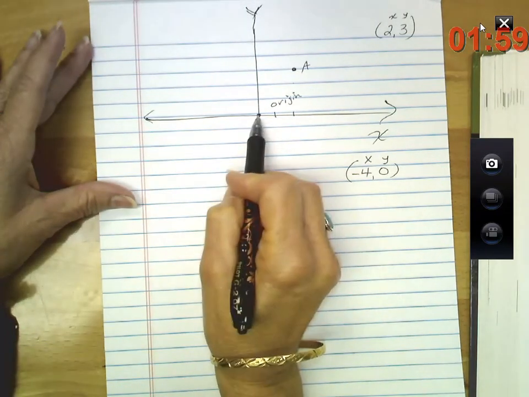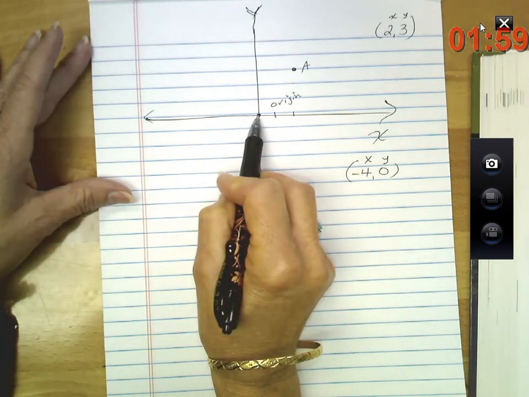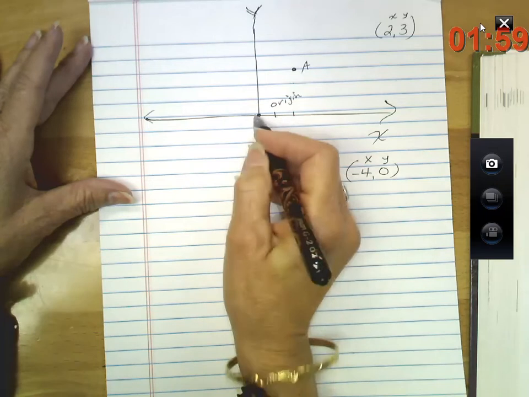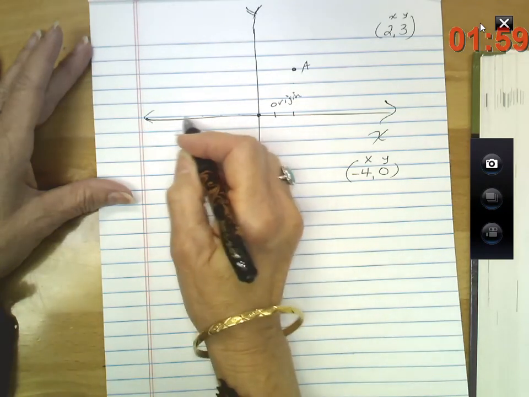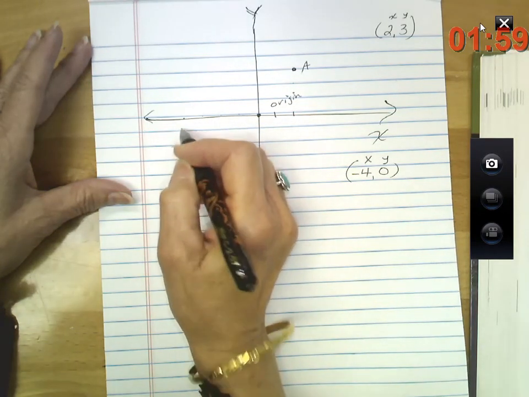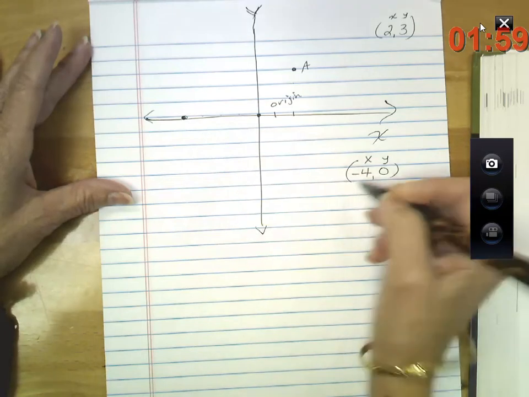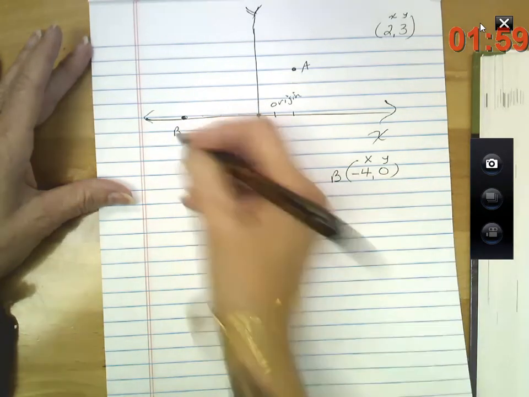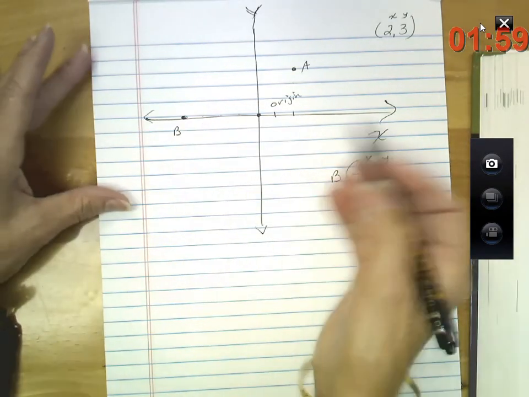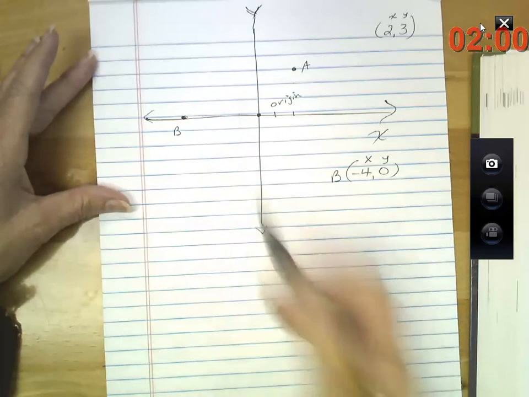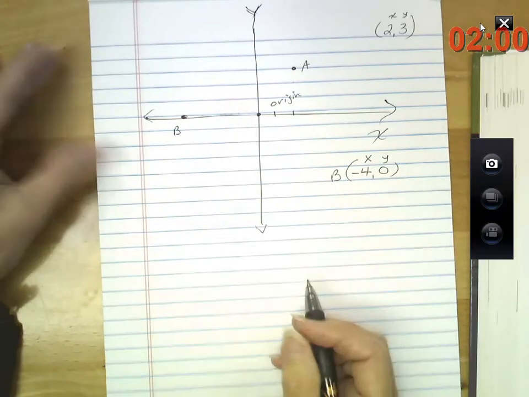Which direction will I go? Left, on the x, negative 1, 2, 3, 4, and I didn't go anywhere on the y, so it's right there. This point is point B. I always do the x first and the y second, and that's easy because that's alphabetical.